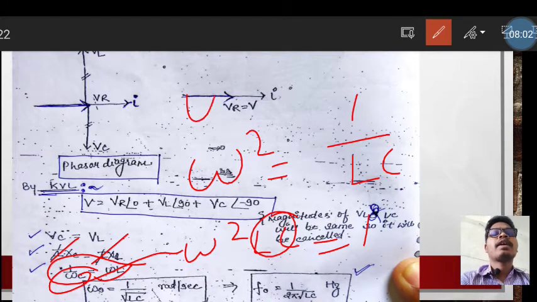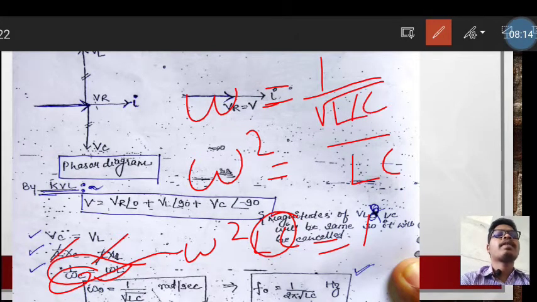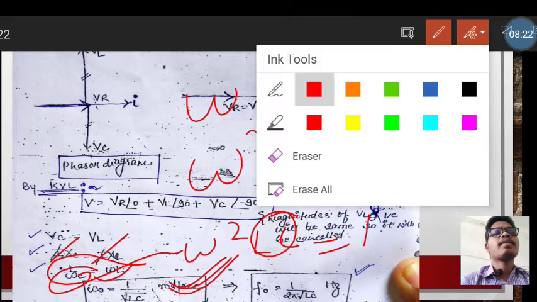Now take the root on both sides, then you will get omega is equal to 1 divided by root over LC. So this is the resonance frequency, 1 divided by root over LC in the unit of radians per second.